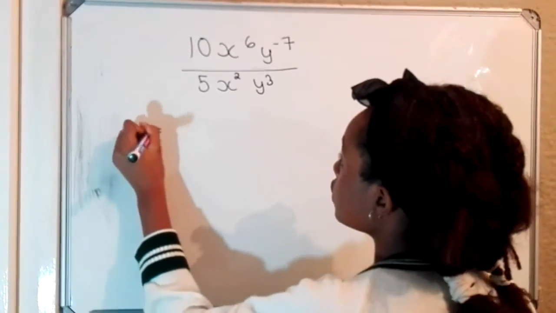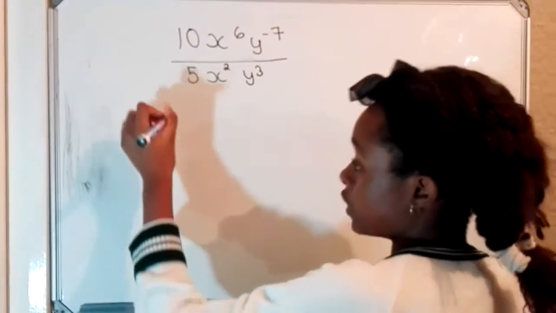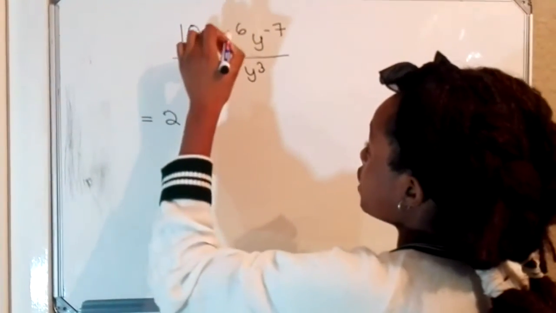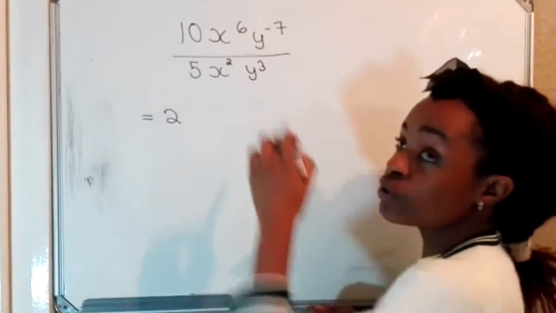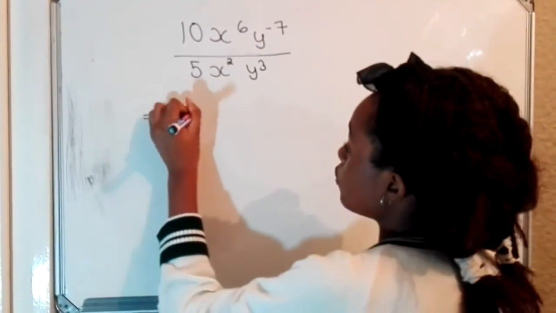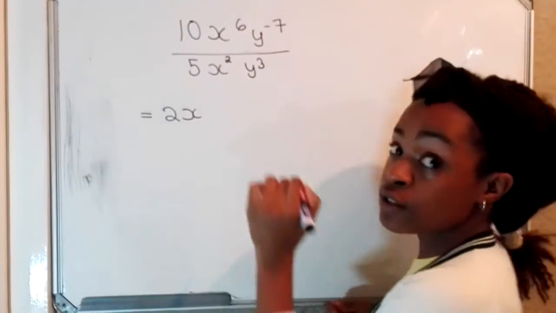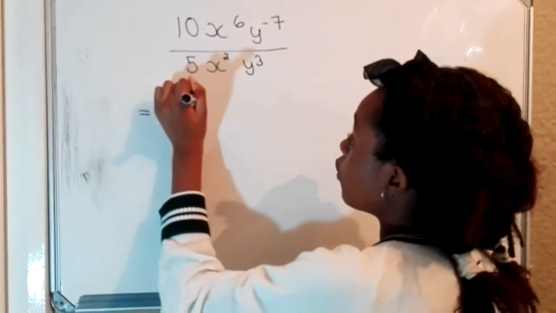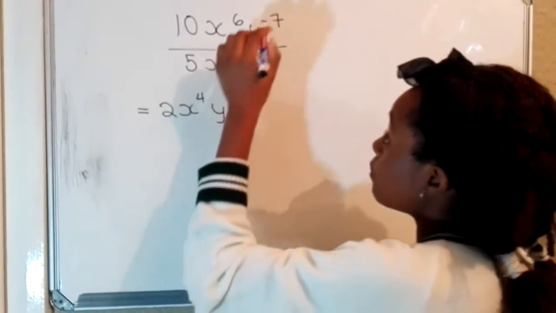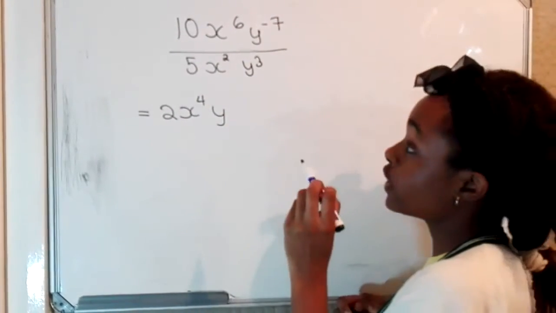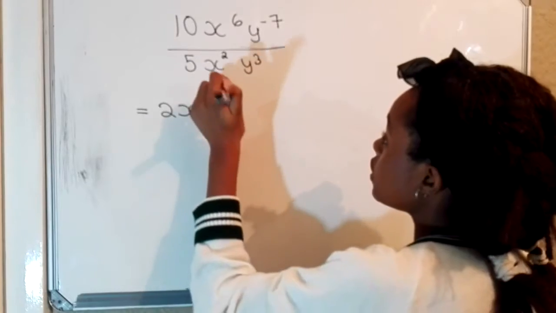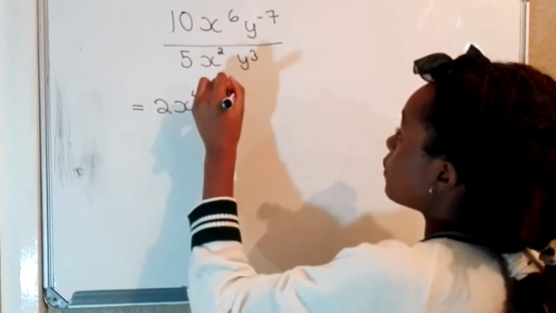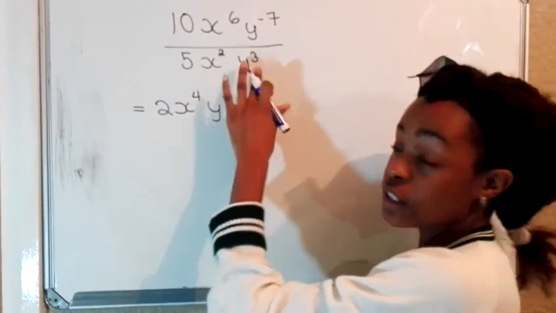So 10 divided by 5 gives you an answer of 2. Okay, and remember, when you are dividing common variables, you subtract the exponents. So we're going to have x, 6 minus 2 gives an answer of 4, and then we have y, minus 7 minus 3, because it's minus 7 minus, and this is positive 3, it's going to give you minus 10.